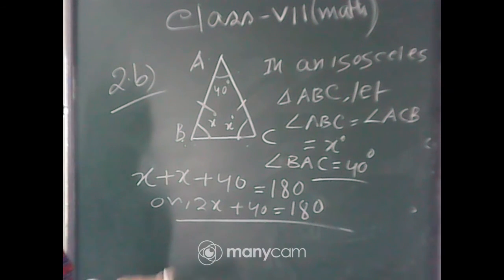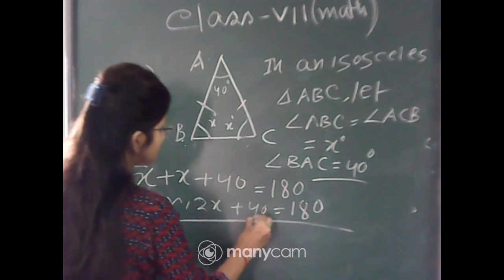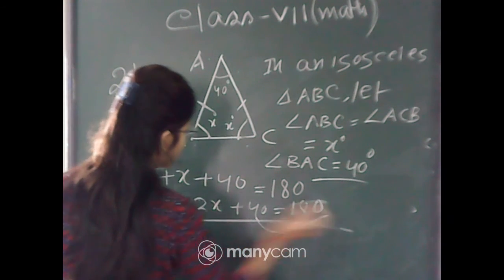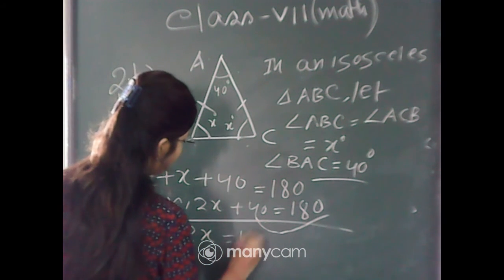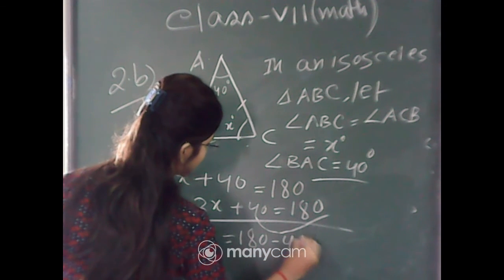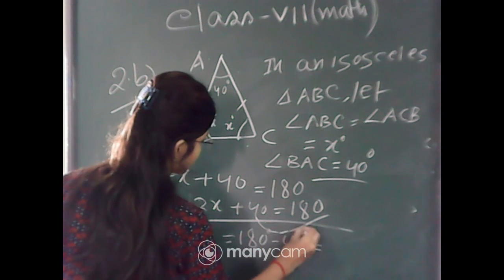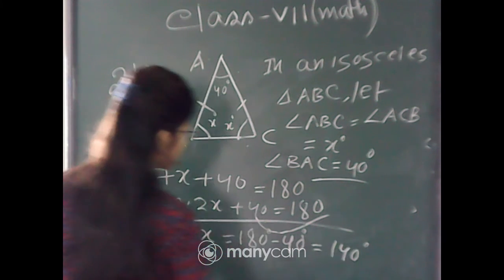Okay. To solve this equation, we first transpose 40 to the right hand side and we get 2x is equal to 180 minus 40. That is equal to 140 degree.